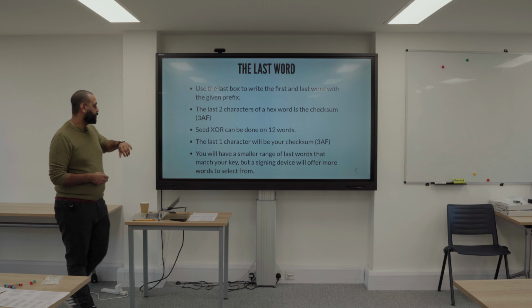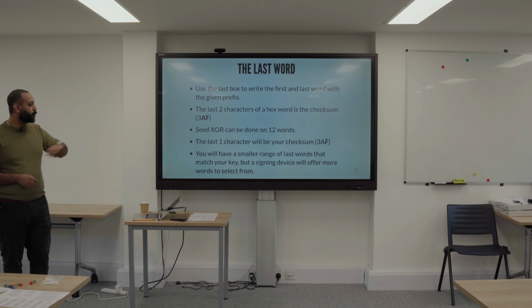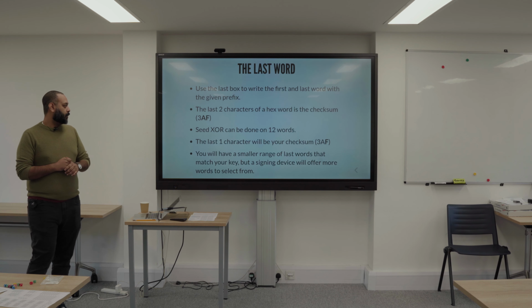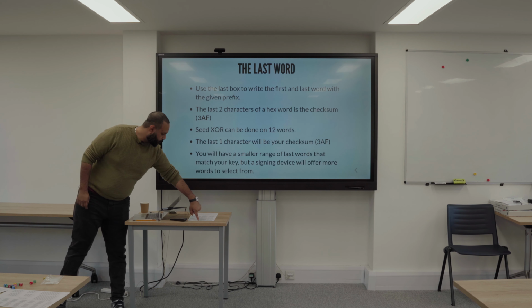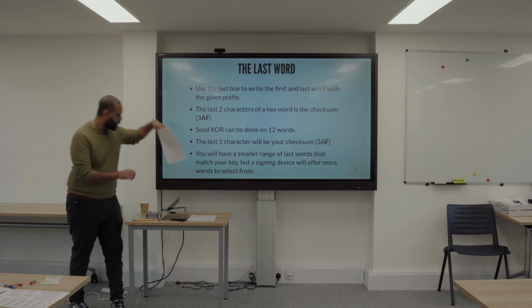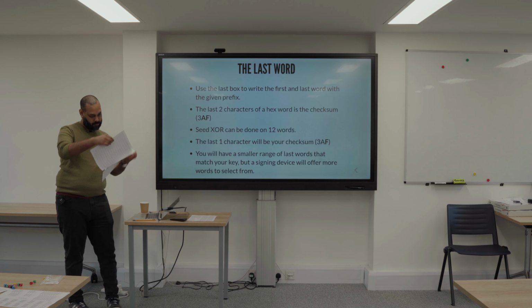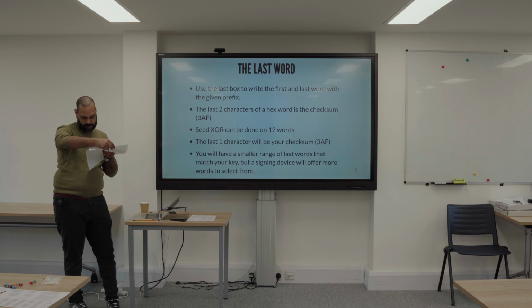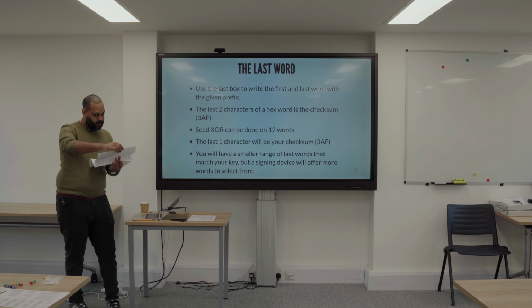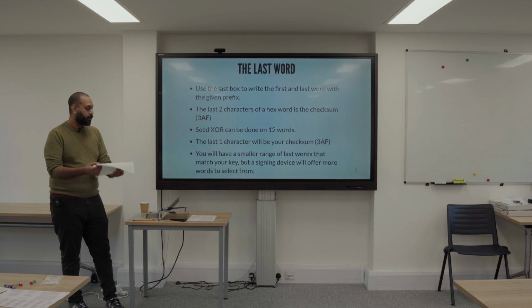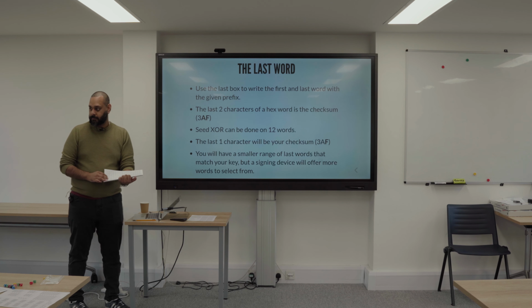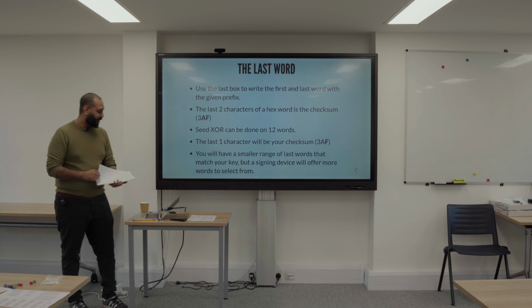So I've written it here. You'll have a smaller range of last words that match your key. When you write, as I said, 300 was gas and lend, you're looking at quite a lot of words that it potentially could be. 256. Okay, awesome.